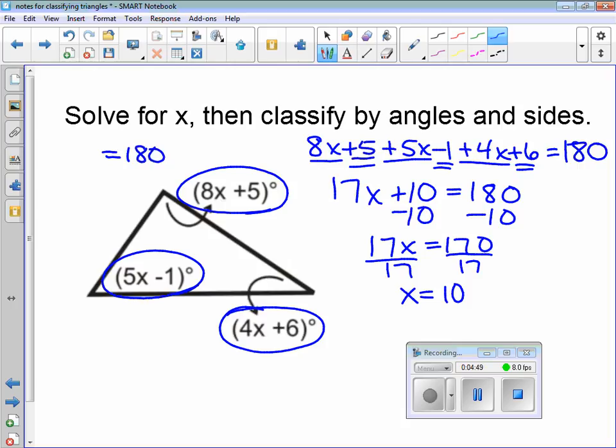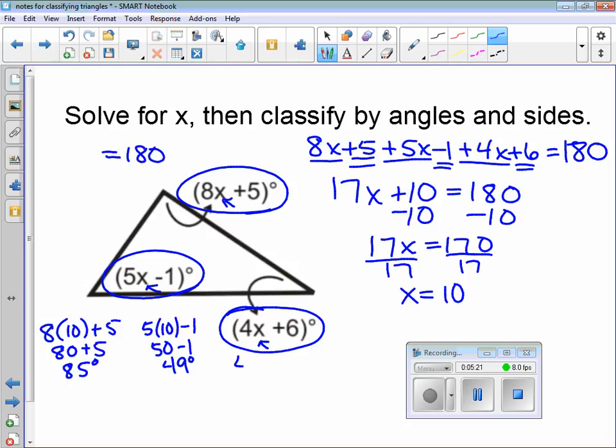Now we have to take x equals 10 and substitute it for each x for all of our angles. So 8 times 10 plus 5, you get 80 plus 5, which is 85. Then you do 5 times 10 minus 1. 50 minus 1 is 49 degrees.